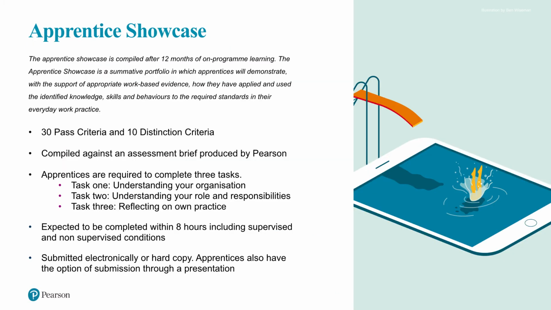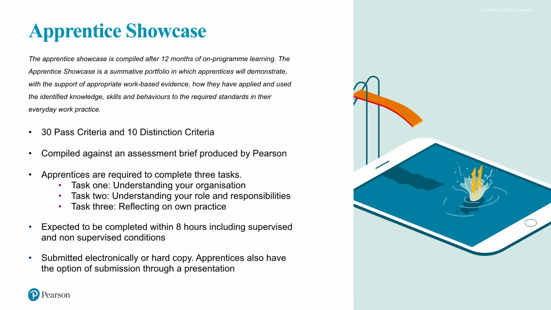What I wanted to do today is to provide more information than just talking about what an apprentice showcase is and what the grading criteria is. I wanted to go into a little more detail around Pearson's approach to endpoint assessment and the tools we've created to support you. So just to summarise, the first assessment component is the apprentice showcase.